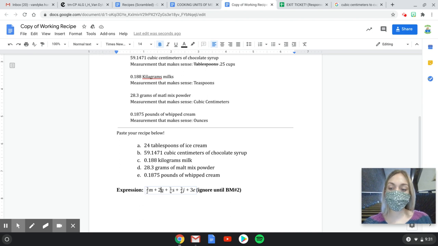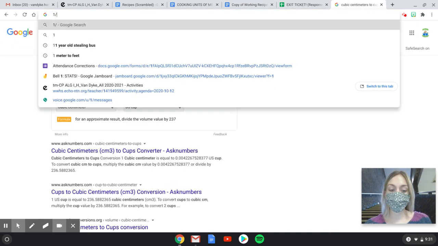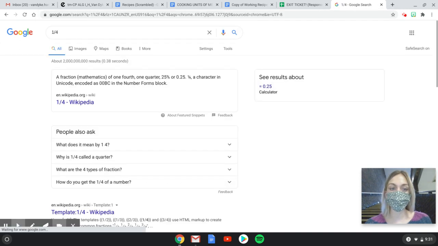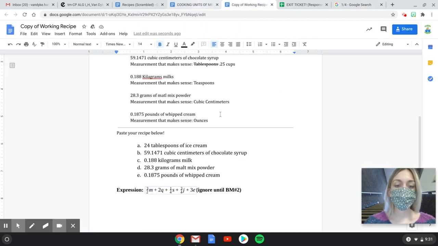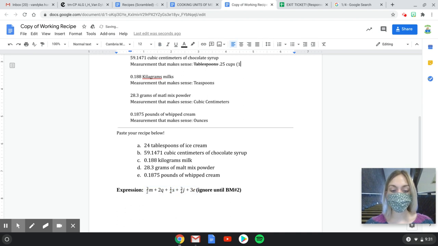So I know 2 is not 0.25, but if I type in 1/4, let's see what I get as a decimal. I get 0.25. Perfect. Okay, so I'm going to use 0.25 cups, and I know in my expression that's represented as 1/4 S.